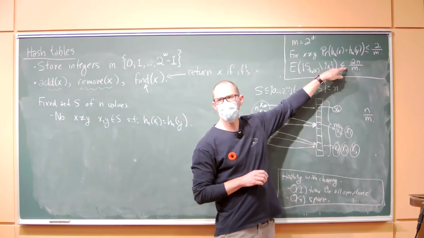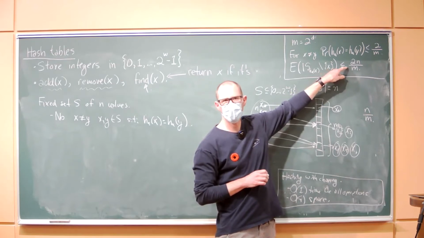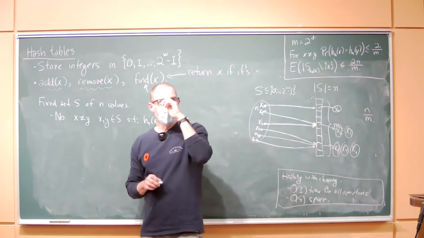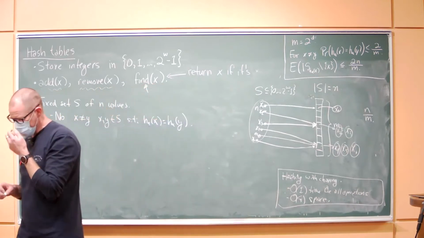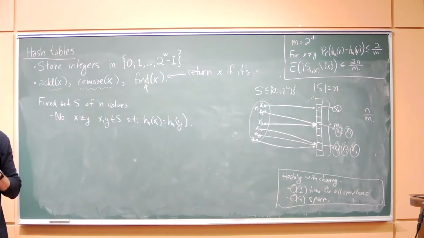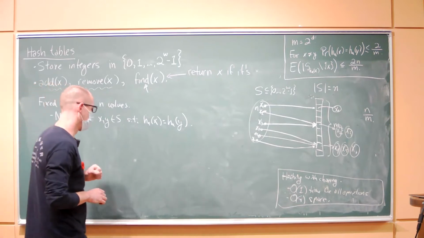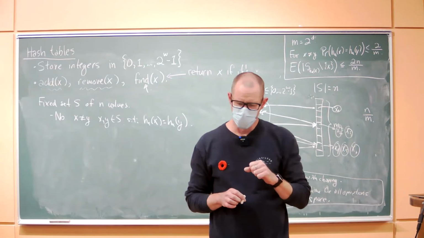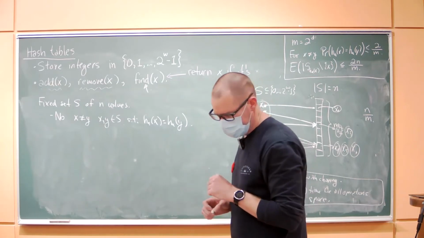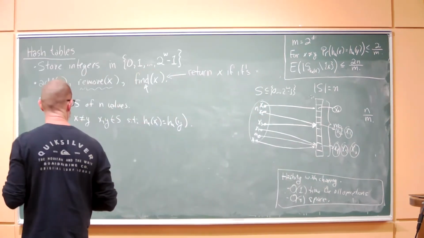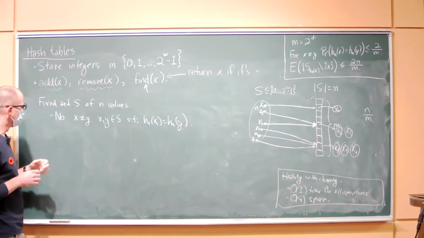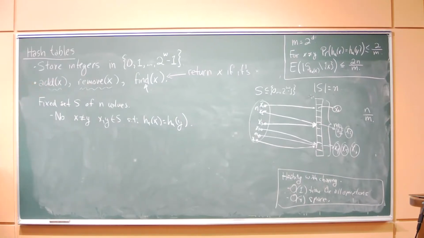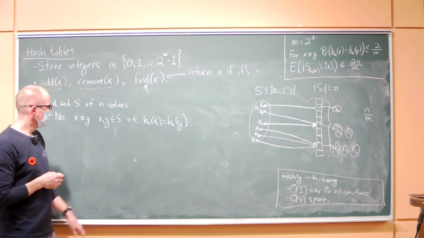And I said that's at most a constant. But we could make that much smaller than a constant. So let's just expand from here. We don't want any X not equal to Y, both in S, such that this is true.